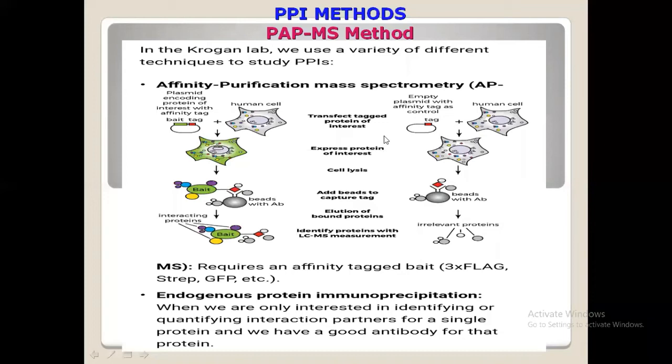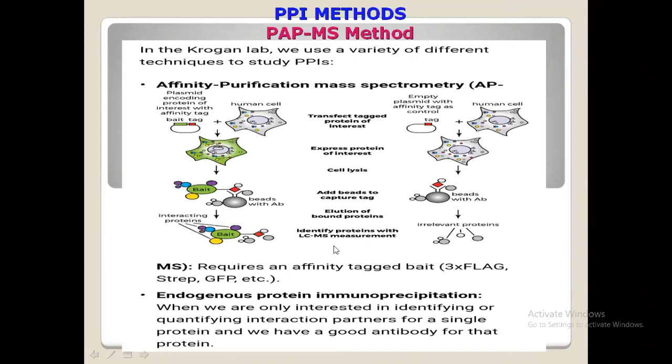You transfect and allow expression of the protein, but there is no protein. So lyse the cell, and you will get only the beads with antibody, because there is no bait protein. Then elution: if any relevant protein is there, you will purify it, otherwise only irrelevant proteins will be there.